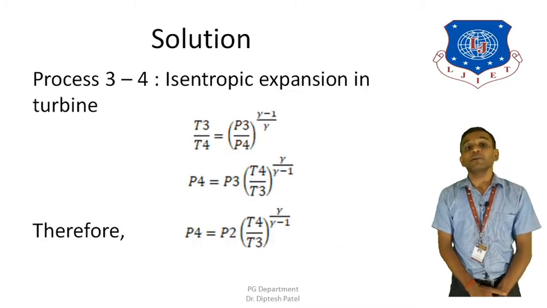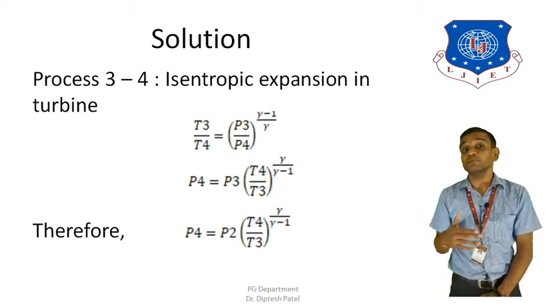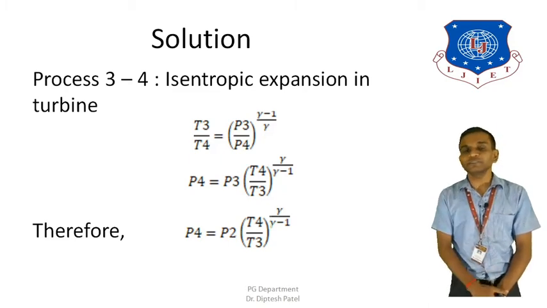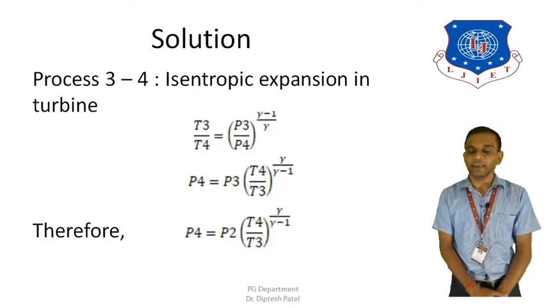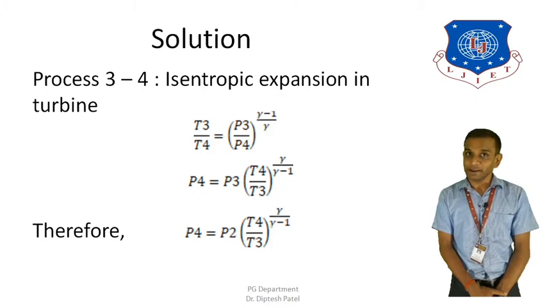Now let's move forward to the further process, the process 3 to 4. We know that process 3 to 4 is an expansion that takes place in the turbine, and that is also isentropic expansion. So again we are going to use the same relations. T3 upon T4 is equal to P3 upon P4 raised to gamma minus 1 upon gamma, right? So therefore P4 is equal to P3 into T4 upon T3 raised to gamma upon gamma minus 1.